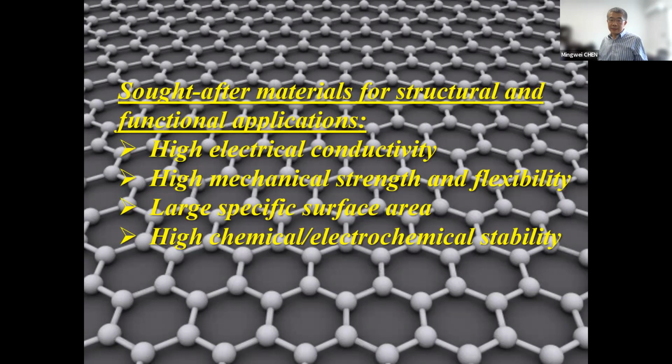More importantly, this large surface area material has high electric conductivity but is also chemically stable. For many of our engineering materials, they have large surface area but their chemical stability is poor, right? But the combination of large surface area, high conductivity and high electrochemical stability definitely gives a lot of promise for structural and functional applications.